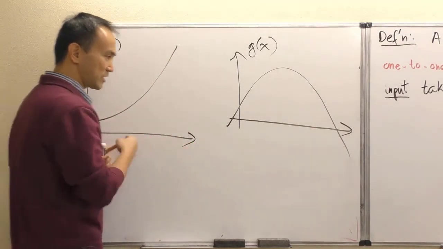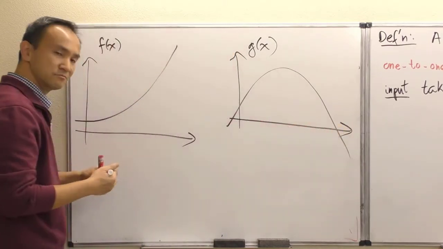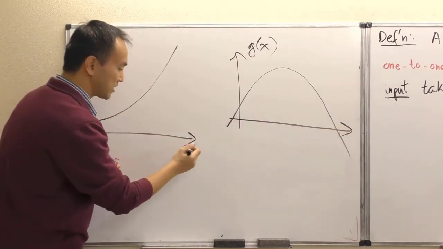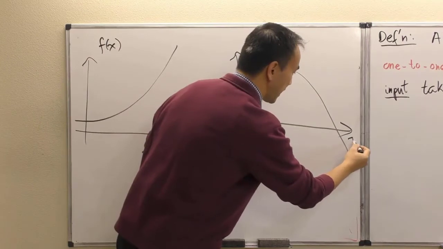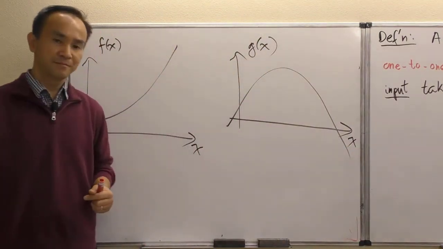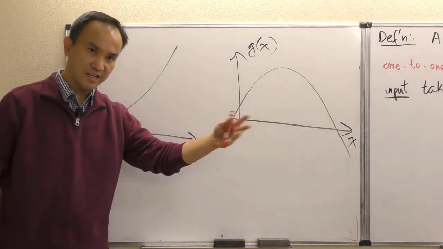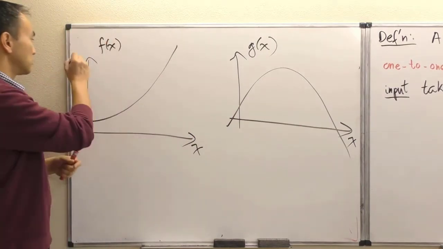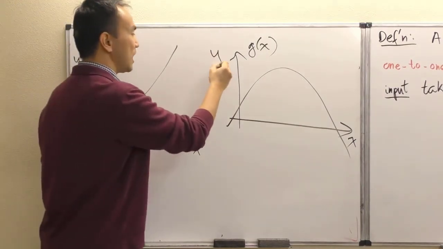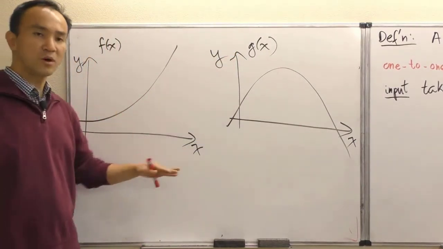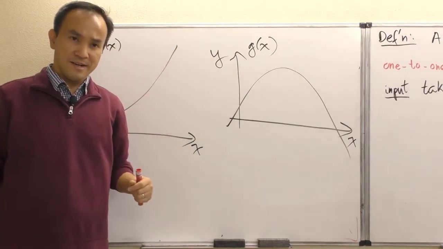So the horizontal axis lists the inputs. That's where all of these x values are. If we consider the inputs as the x variable, and the y variable as the outputs, then the outputs are on the vertical axis.